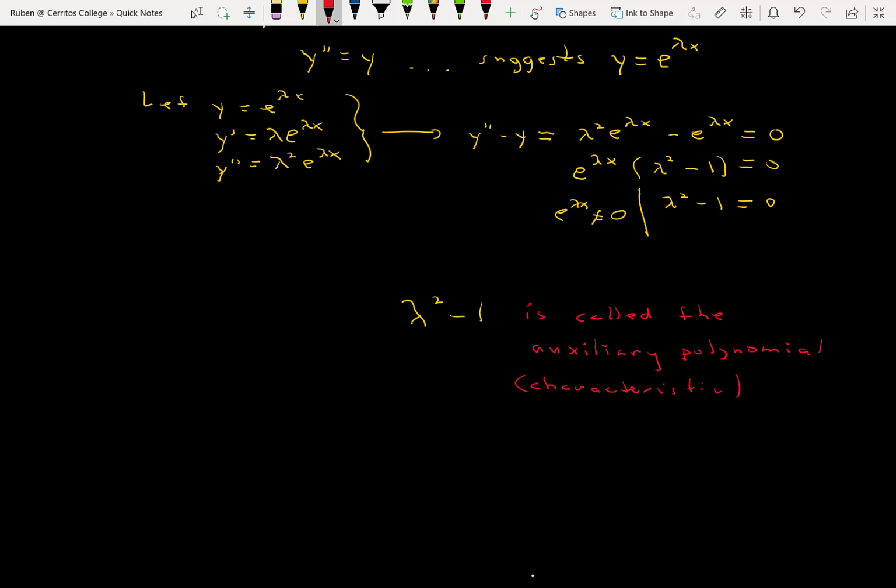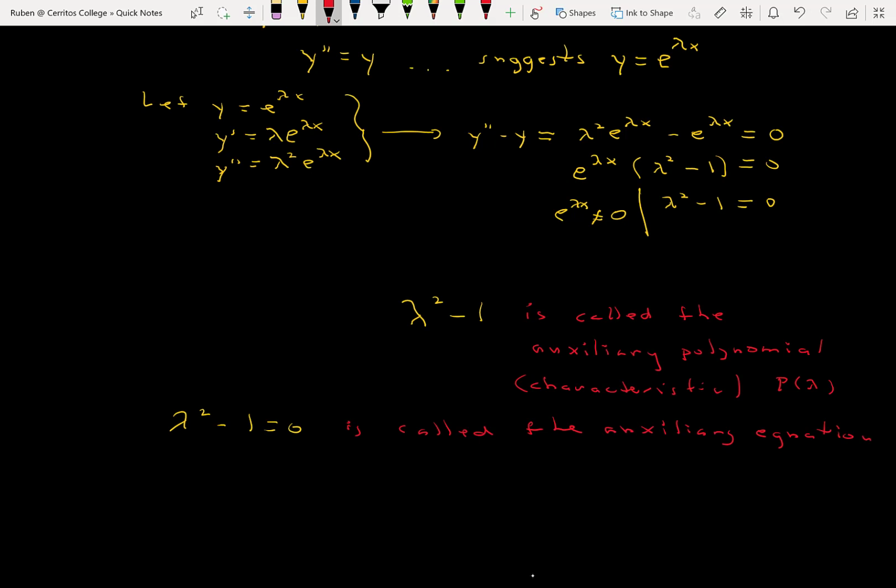And when we're identifying the auxiliary polynomial in writing, we refer to it as P of lambda. The equation where lambda squared minus 1 equals 0 is called the auxiliary equation.